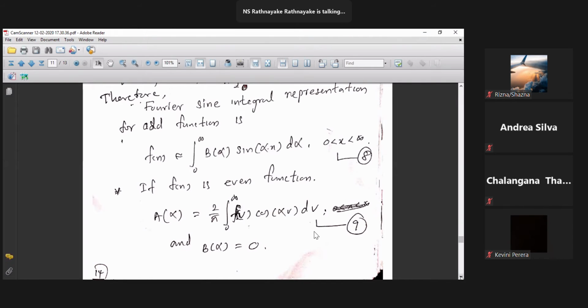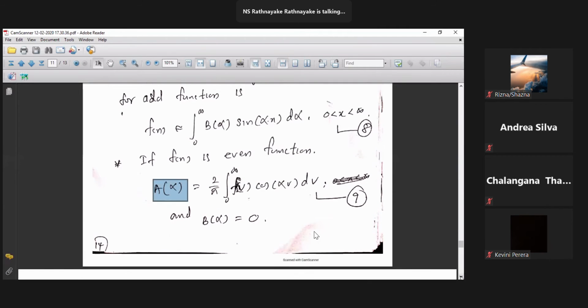And also at that time B alpha goes to 0, because if f(v) is even and sine is an odd function, the combination is an odd function, then the integral from minus infinity to plus infinity becomes 0. That's why B alpha goes to 0 here. The coefficient A alpha we denote as equation 9.